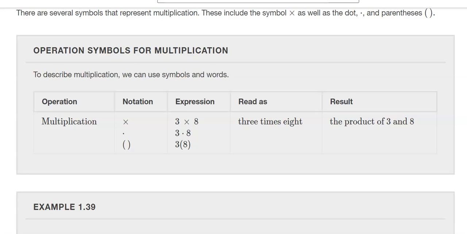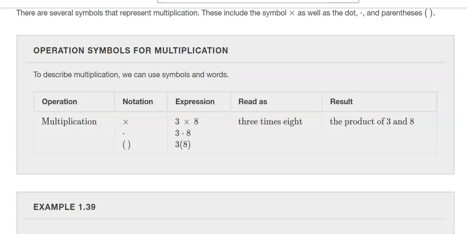But in view of algebra, we like to move away from x, because you already have an x. This is not the same as the x, but it appears very much like the x. And when we actually write it, instead of looking at it in a print format, our x's and the multiplication symbol do not look any different. So for all these reasons, we'd like to try not to use that times symbol.